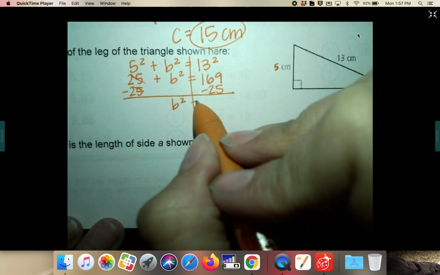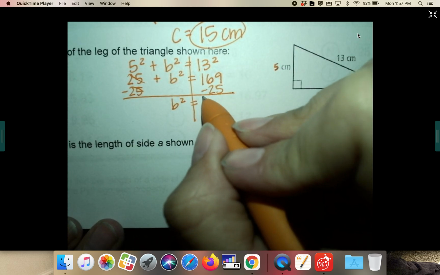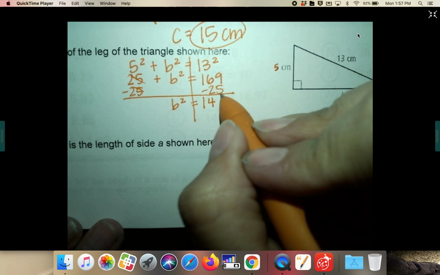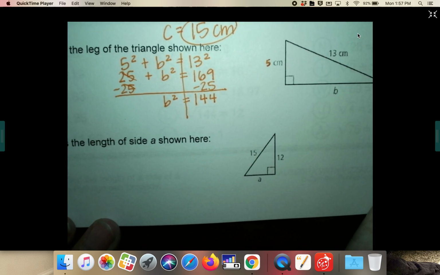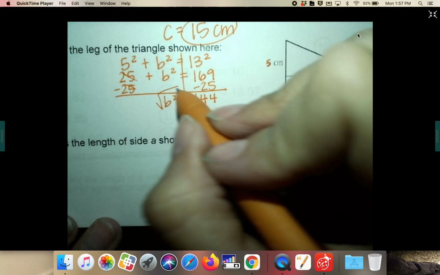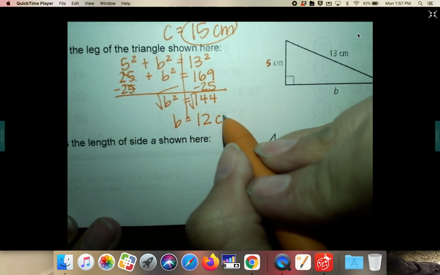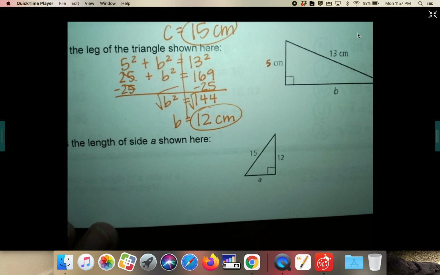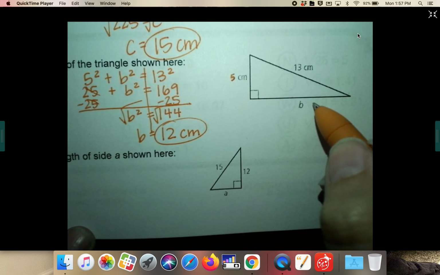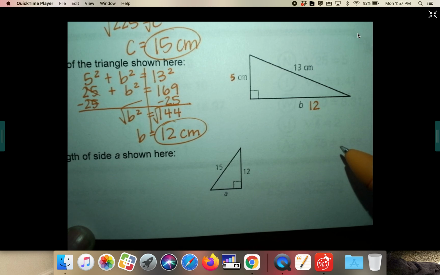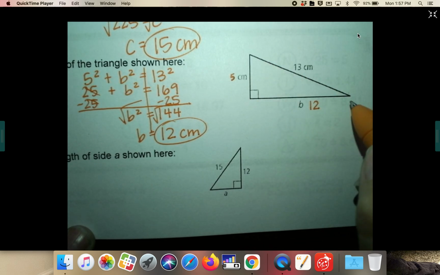Bring down your B squared. 169 minus 25 is 144, and I love that because it does come out evenly. When you square root 144, it is 12. So 12 centimeters would be the other leg length. And if you look, that makes sense. That's a reasonable answer because 5 and 12 are both shorter than 13, which has to be the longest side.